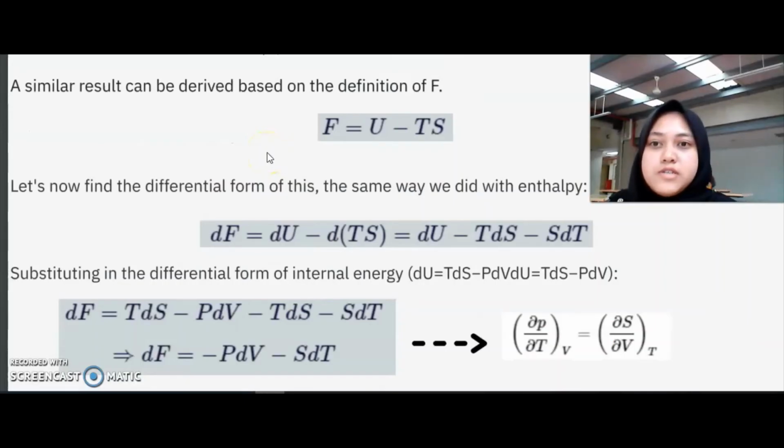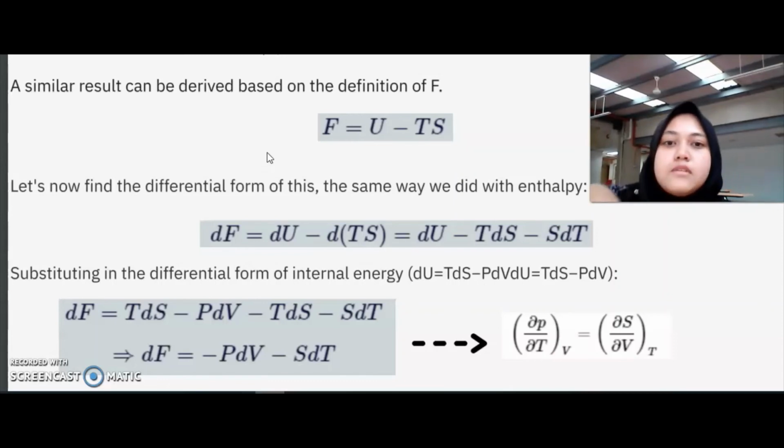Okay, so the general equation of Helmholtz free energy F is internal energy minus temperature times entropy. This is actually given as A in the question, but we have some typo.